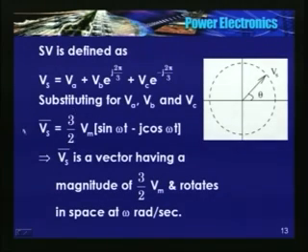So what is this equation? It says that the space vector is a vector having constant magnitude of 3 by 2 times Vm, and it rotates in space at omega radians per second.